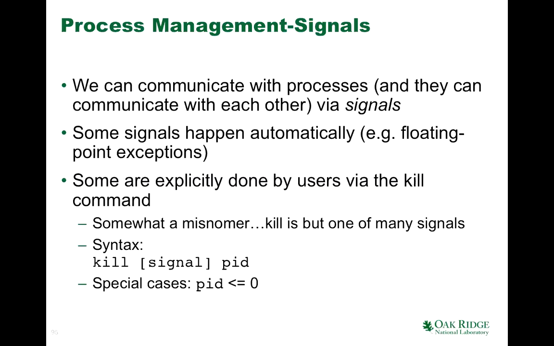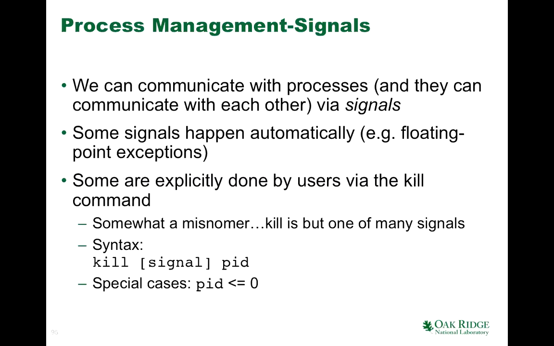We can also communicate with processes, and they can communicate with each other via what are called signals. Some of these happen automatically. If we're running a program that does some type of illegal math operation, that will cause a floating point exception, which actually creates a signal.